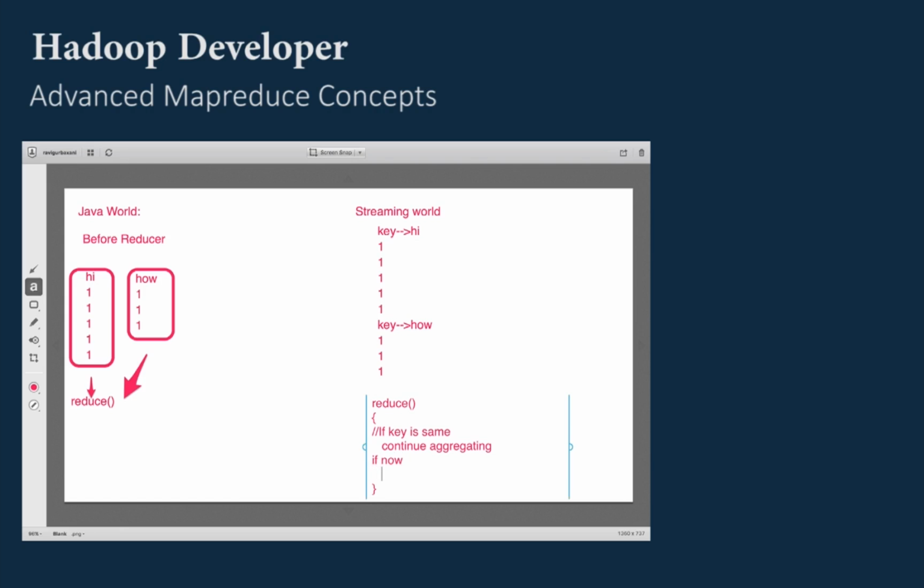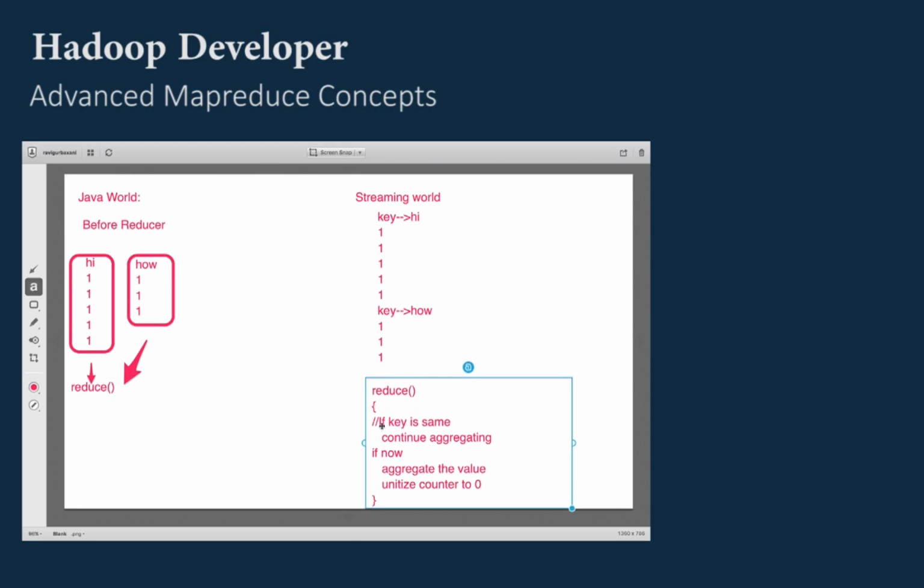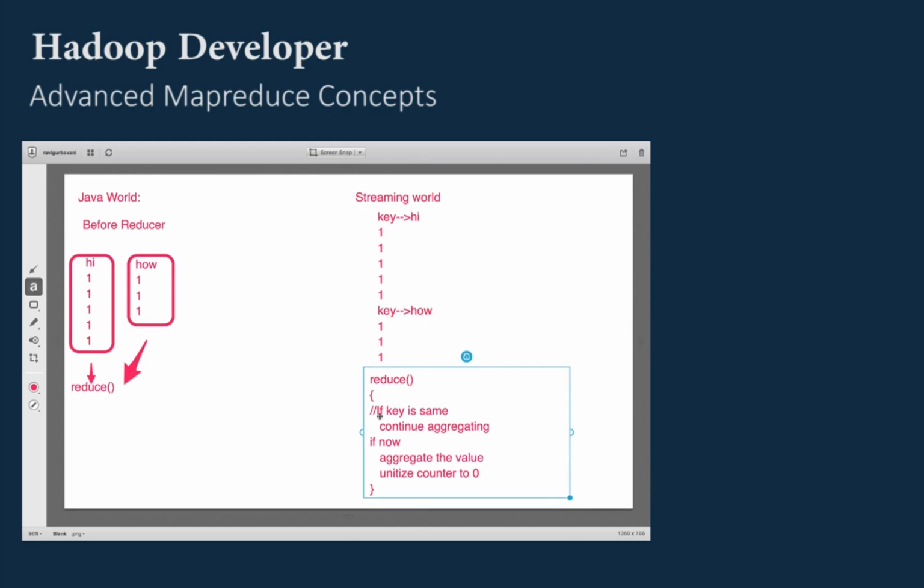If not, aggregate the value and initialize the counter to 0. So as a developer, it's your responsibility to keep track of the fact that the key has changed in the streaming world.